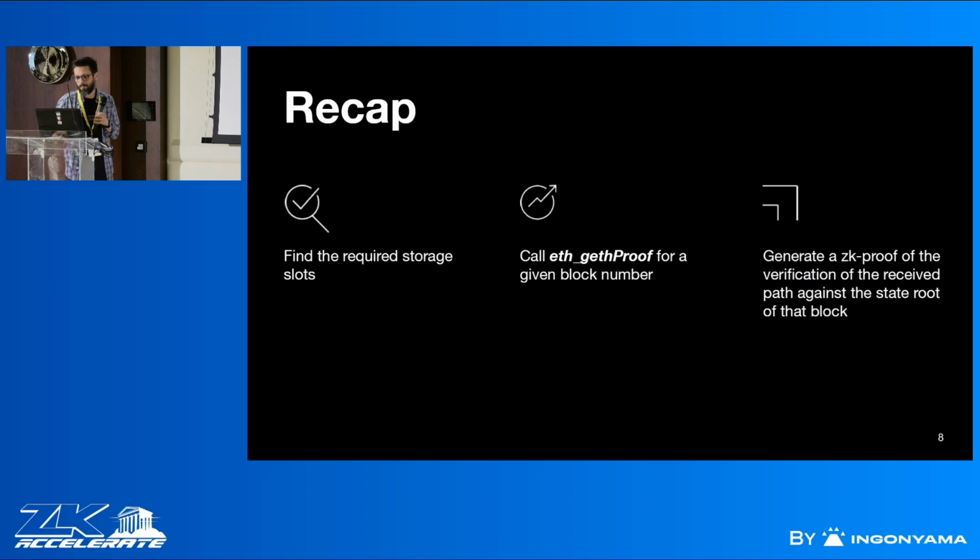There is a typo there, but it's just get proof for a given block number. And then, finally, the most important bit, I guess, is that you need to generate a ZK proof of the verification of all of these proofs of inclusion given by the ETH get proof against whatever state root of the block number that you started all the query from, right?